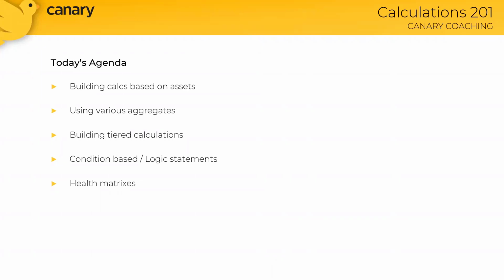We're going to build tiered calculations, meaning multiple expressions and calling those expressions within other expressions. We'll take a look at some logic or condition-based calculations. And as a bonus, when we end, we're going to build out some health matrices, how to take assets and assign health scores to them using the calculation engine. So let's get started.